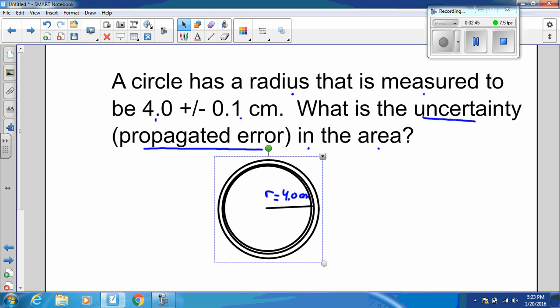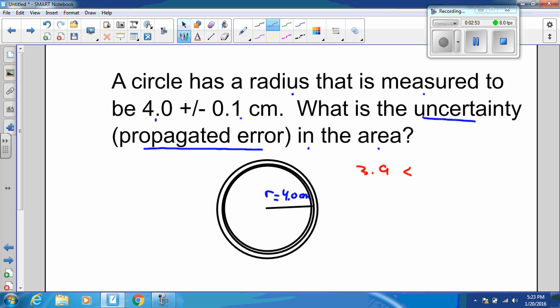I see that I'm having trouble getting all my circles to be concentric. That's pretty good right there. So my radius could be anywhere from 3.9 to 4.1 centimeters, and that's the meaning of this 4.0 plus or minus 0.1.